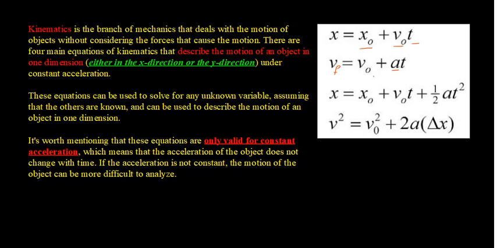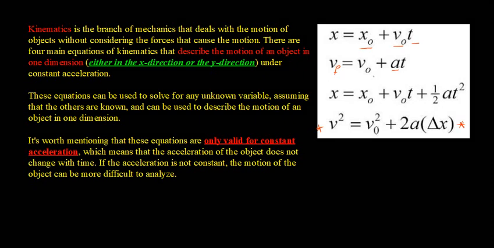Now, one of the things we could mention about the last equation is that it has a special feature compared to the top three: it doesn't have time. The variable time is not involved in this equation, which makes it a bit handy.